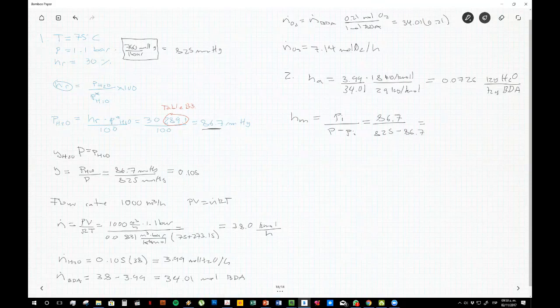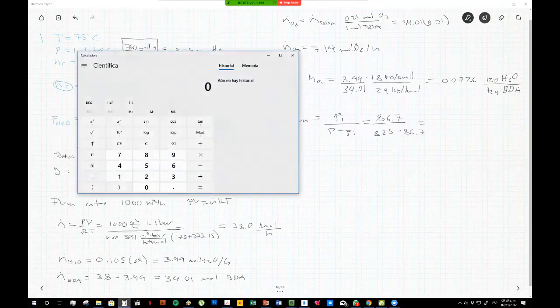The water is 86.7. So 86.7 divided by the total pressure, that is 825 millimeters mercury minus 86.7. Sorry, let me do the calculation. I don't have it over here. This is 86.7 divided by 825 minus 86.7.